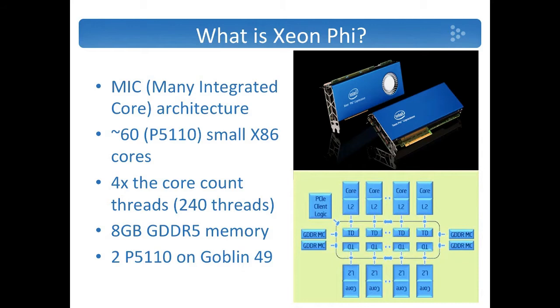If you look at the picture below, it shows how the 60 cores are connected with each other. You can see that these 60 cores are connected through a ring bus, and it's a two-direction ring bus. They are also connected with the GDDR memory controller. Next, let's take a deep look into the architecture of a single core and what's in it.